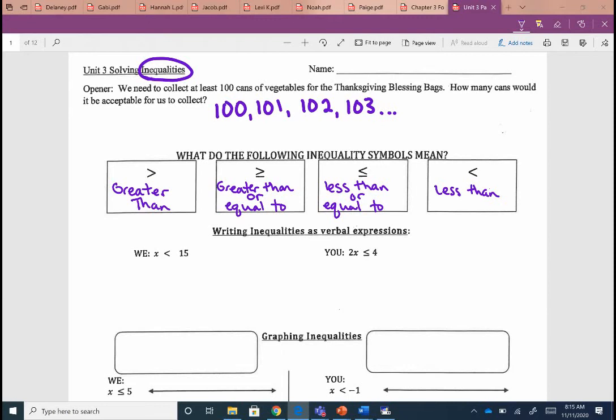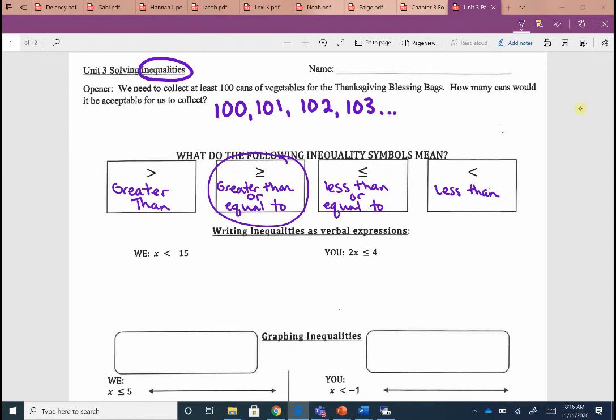So if we go back up to our opening question and we see that our answers could be 100, 101, 102, our values for our cans could be 100 or more. The values for our cans could be greater than or equal to 100.